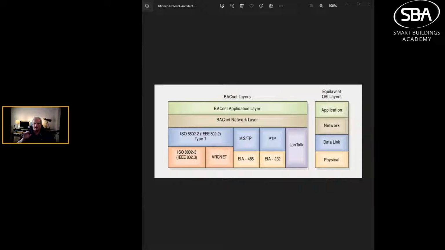The physical layer is the media used to communicate over RS-485. The data link layer is the subnet communication, for example, the communication of MSTP on a field bus. That's this guy. The network layer is typically where your supervisory devices are, and that's where IP messages exist and route outside of the local subnet.